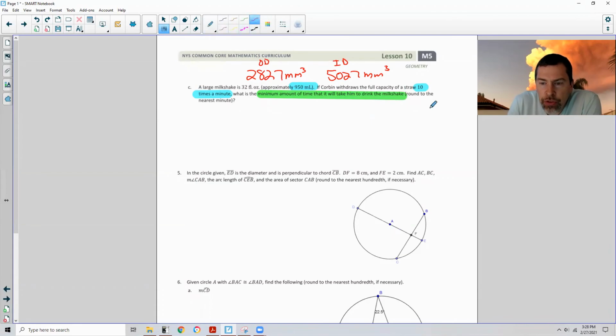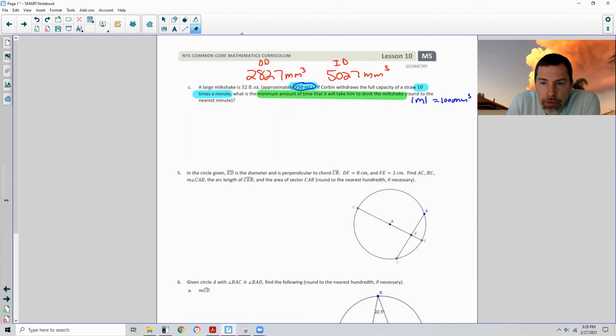Okay, so the first thing I want to talk about is 950 milliliters when we have millimeters. I don't know if you know this or not, but 1 milliliter equals 1,000 cubic millimeters.